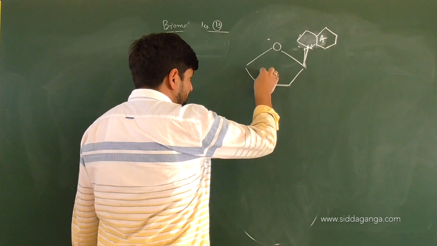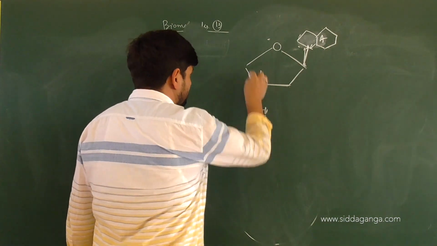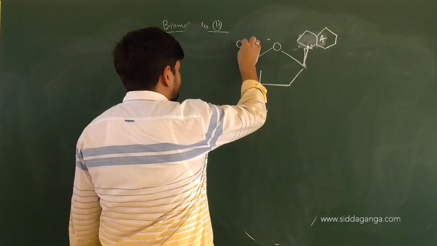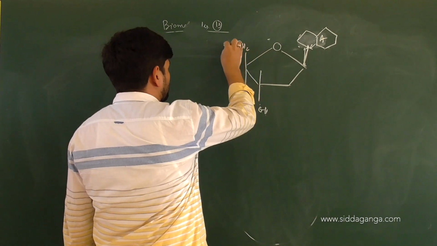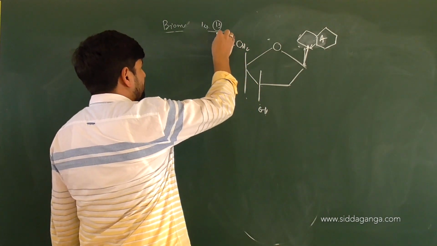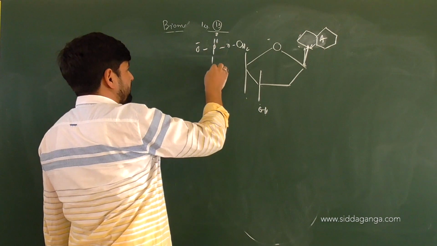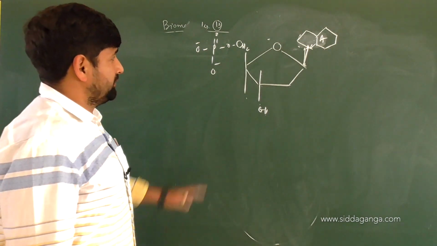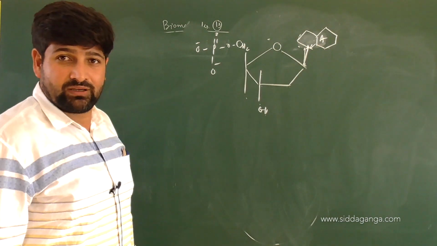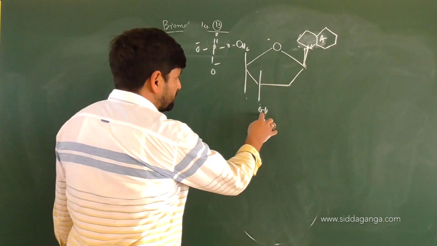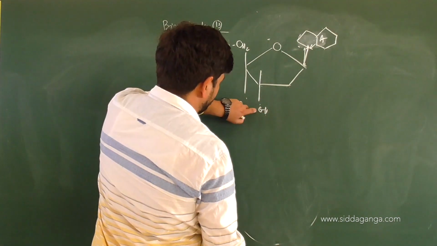Then you have an OH group here. Here I will mention CH2O, P double bond O, O minus, O minus. So this is monophosphate. Clear? Good. This is the OH end. Now have a look, important thing.